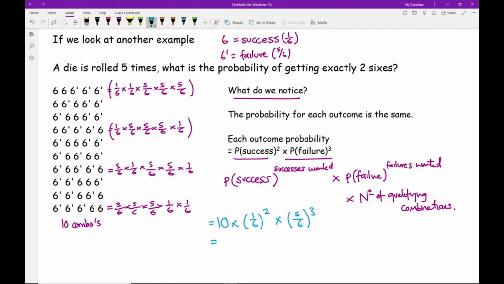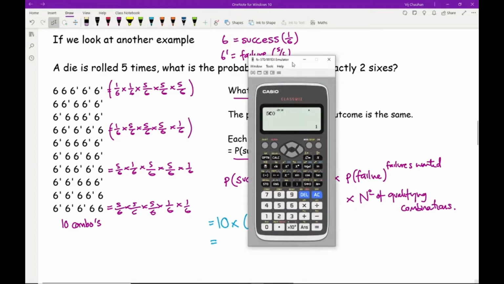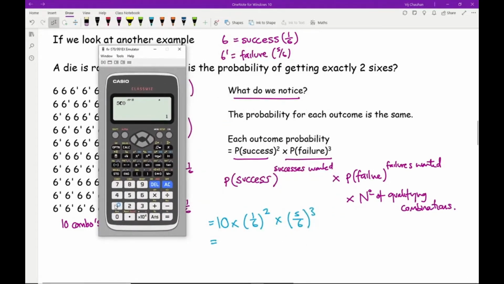And if I type that into my calculator, which I'll do on the screen, so I've got 10 times 1/6 to the power of 2 times 5/6 to the power of 3. Press equals, I get the exact answer of 625.